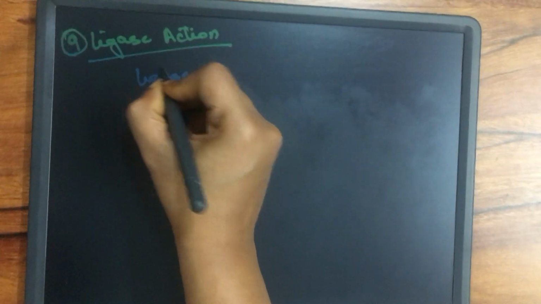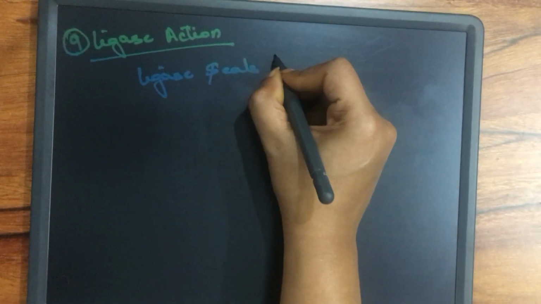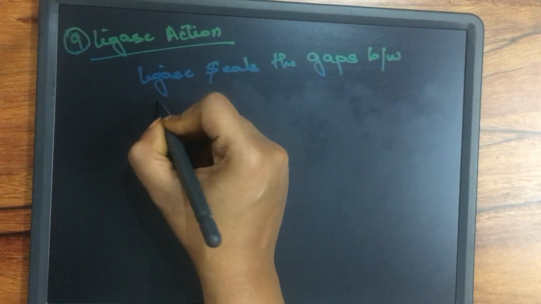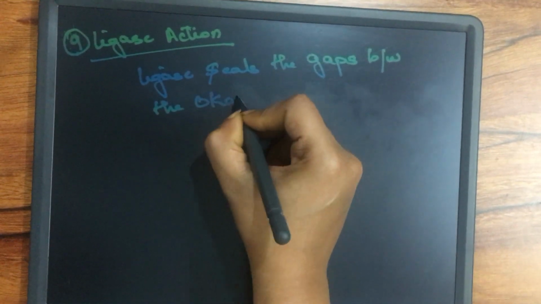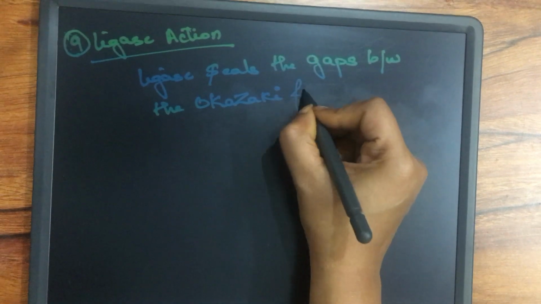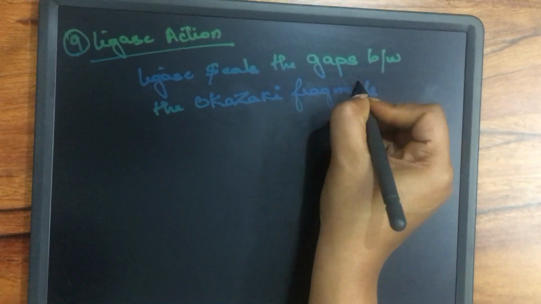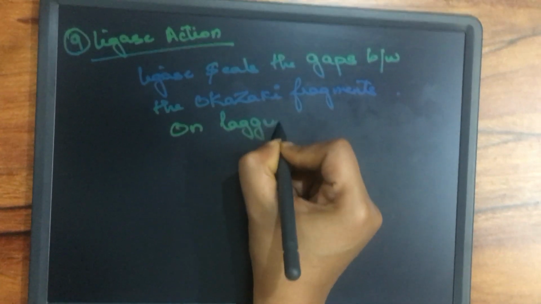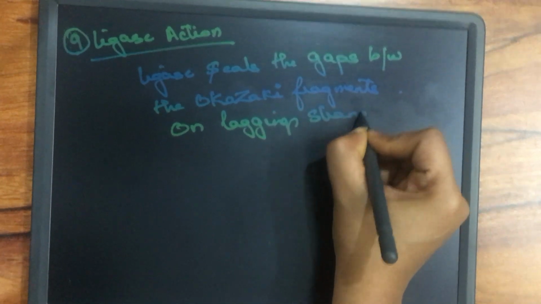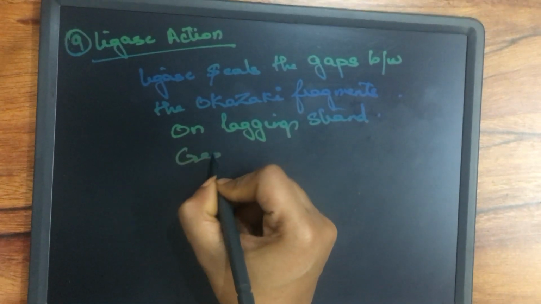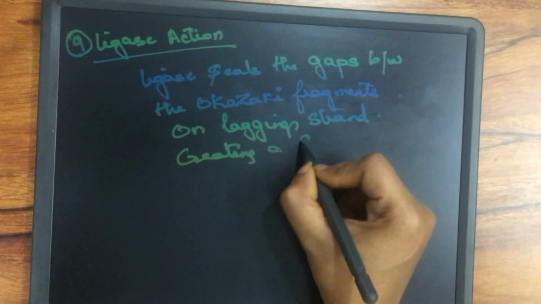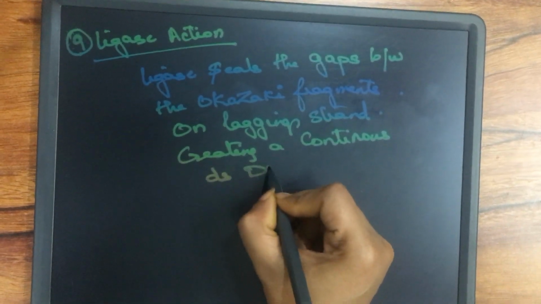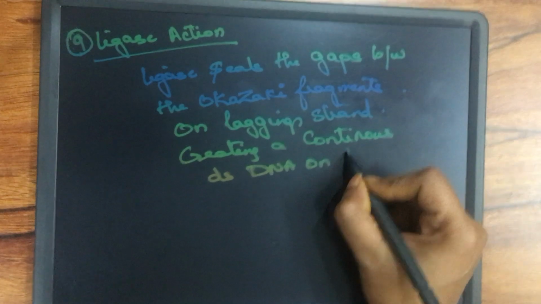Ligase seals the gaps between the Okazaki fragments on the lagging strand, creating a continuous double-stranded DNA on the lagging strand.